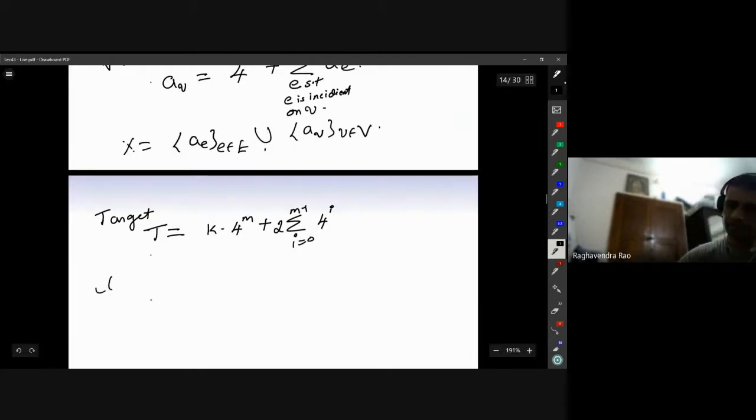Claim: G, k is in VC if and only if X, T is in subset sum.